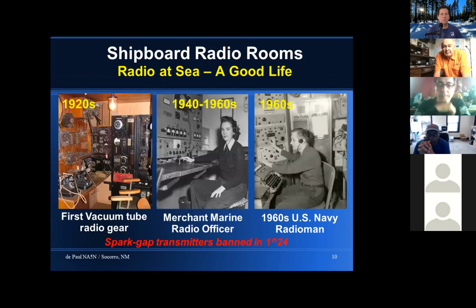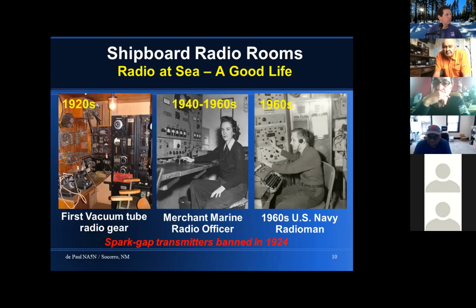Here's just a historical review of what Radio Shacks looked like over the period of time. 1920s, first vacuum tube radio gear. 1940s to the 1960s, we have a phenomenon that took place in a lot of industries. Men went to war, women were needed, women became merchant marine radio officers.